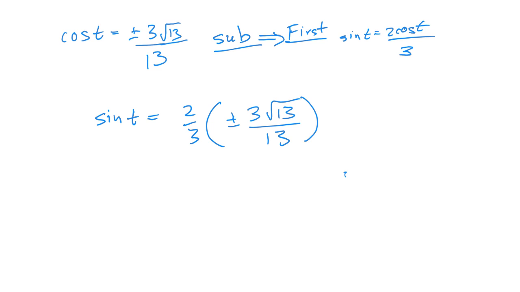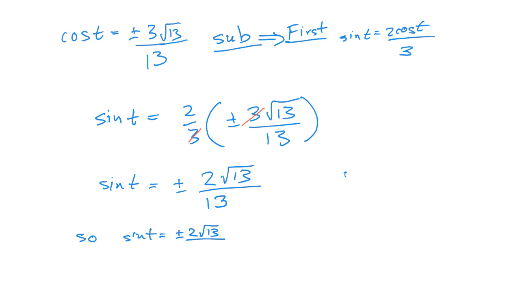Now we have some cancellation here. The 3 and this 3 cancel, and we're left with sine of t equal to plus or minus 2 root 13 over 13. So sine of t is plus or minus 2 root 13 over 13, and cosine of t is plus or minus 3 root 13 over 13. All right, on to the next question.